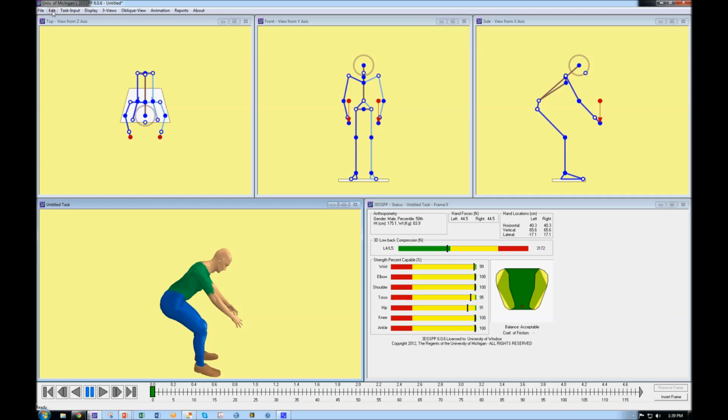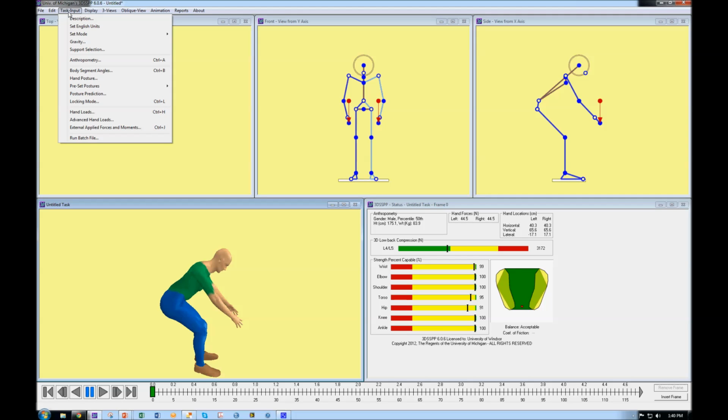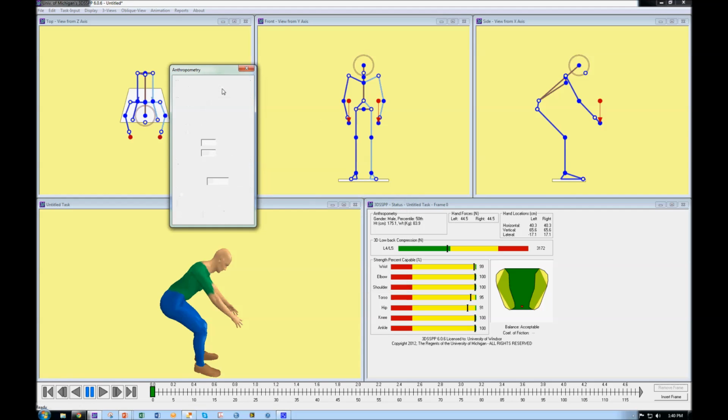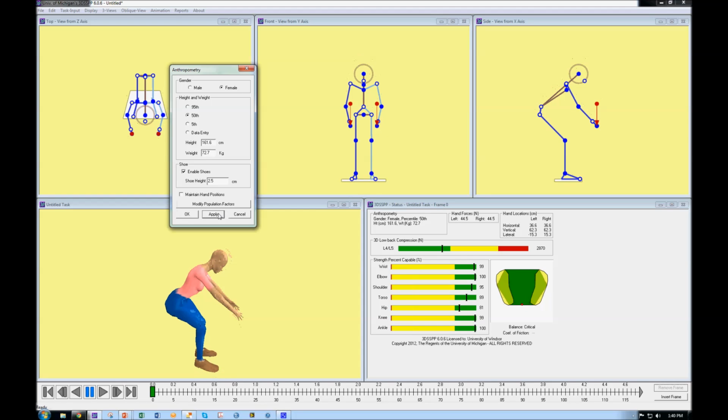So the very next thing that you want to do after making this into metric is go into anthropometry, which is under your task input. We're now going to select female and the 50th percentile and hit apply. You will note that the 3D mannequin down on the bottom left-hand screen is now a representative female of that size. For any other analyses, you can change this again to either gender and different sizes.